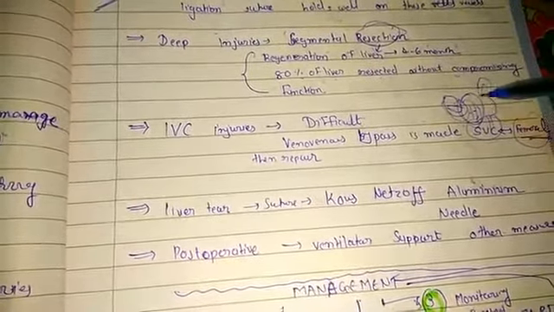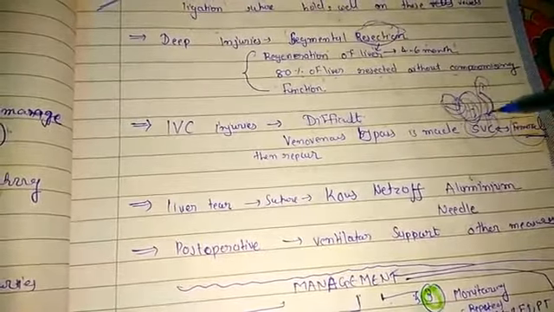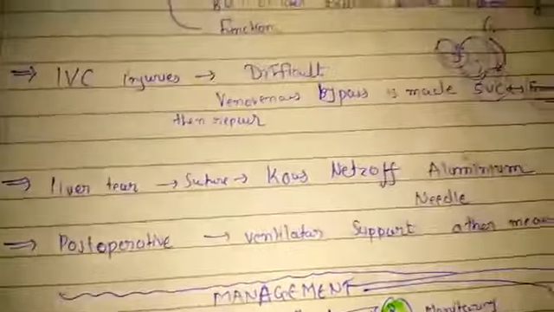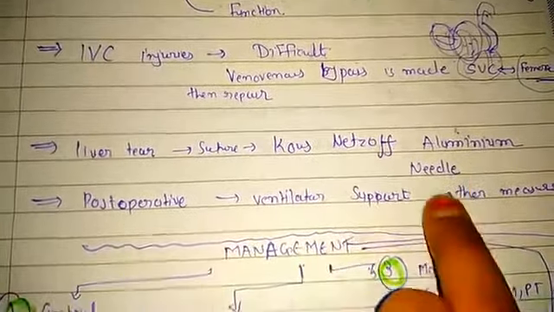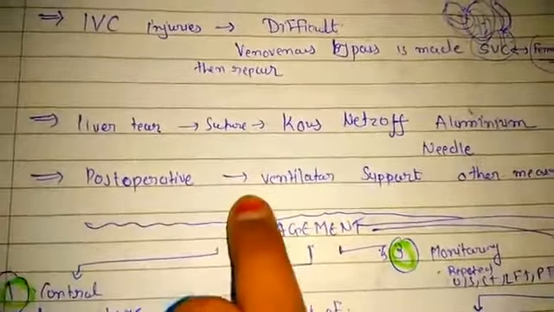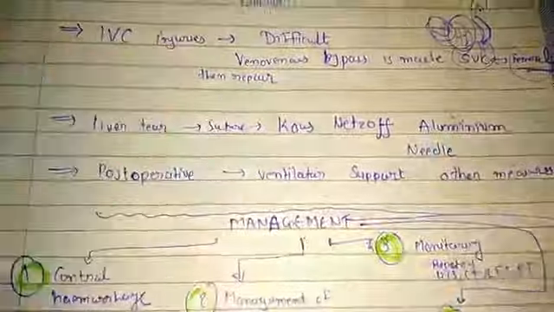This is the artificial veno-venous bypass from superior vena cava to femoral. Then if there is a liver tear, the liver suture is done with a coarse needle. And post-operative management, ventilator support and other measures should be there.